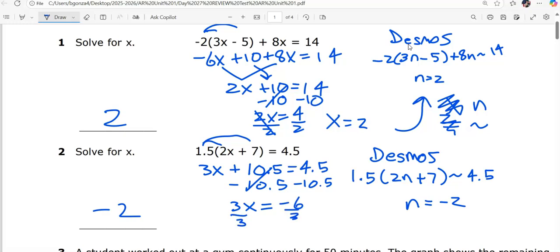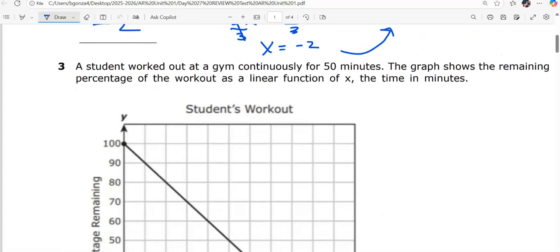Divide by 3, and you get x equals -2. Now, remember, you can check your work with Desmos, or if you use Desmos, that's fine. Remember, it's under parameters. You got to use n and squiggle.